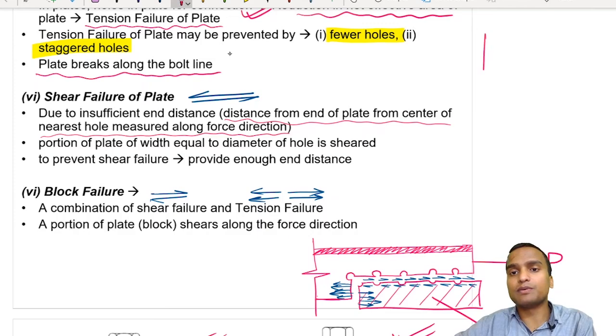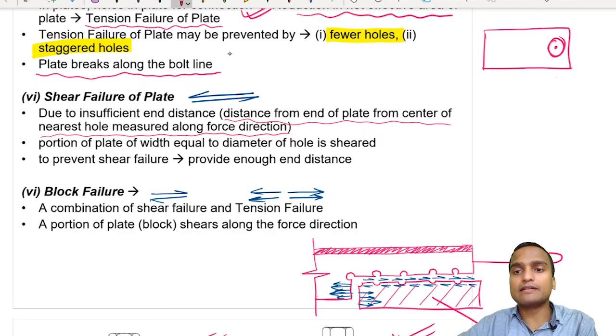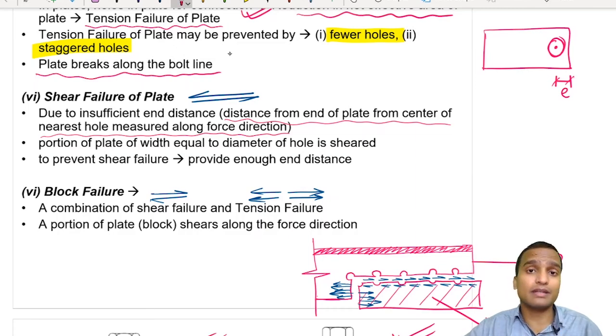Like if we have a hole in a plate very near to the edge, okay, so this is the center of the hole and this is called the end distance. You see this? This is represented by the letter e also. And if the value of end distance is less than what is recommended in the IS codes, then there are chances of shear failure of the plate.